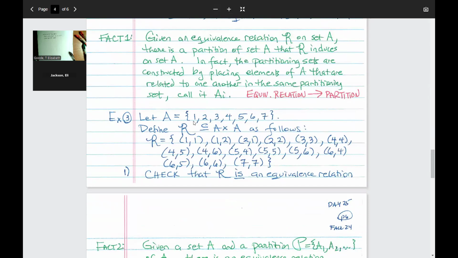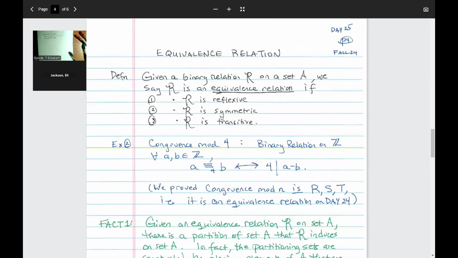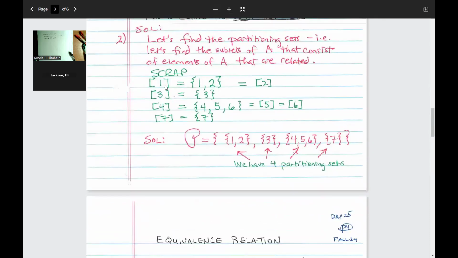And we ask, what elements is 1 related to? We'll look at the ordered pairs. 1 is related to 2, and of course 2 has to be related to 1. 2 is related to 2 as well. But the point is 1 and 2 are related to each other because they're in ordered pairs together. So when we build the equivalence class of 1, it's got 1 and 2 in it.